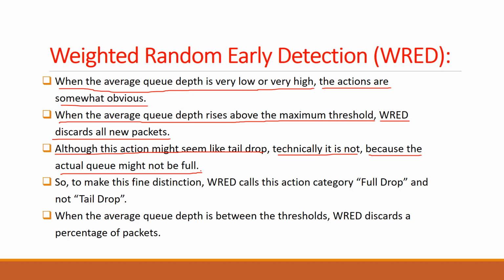Tail drop occurs when the queue is full, but the full drop that WRED uses will occur before the queue is full, to avoid reaching the tail drop situation. So to make this fine distinction, WRED calls this action category full drop and not tail drop.